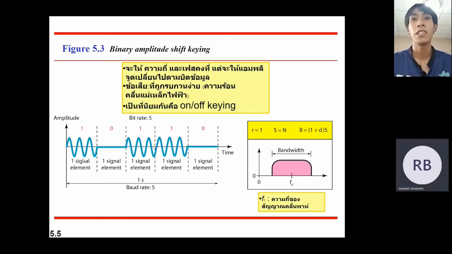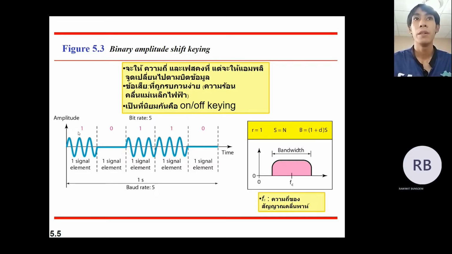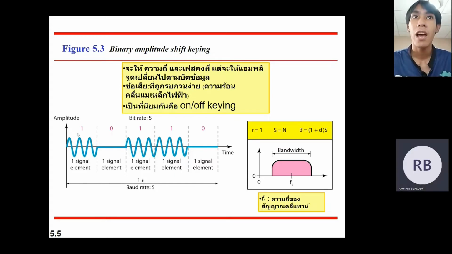Okay, look at the picture. At bit 1, the amplitude is changed, but at bit 0, the amplitude is not changed.